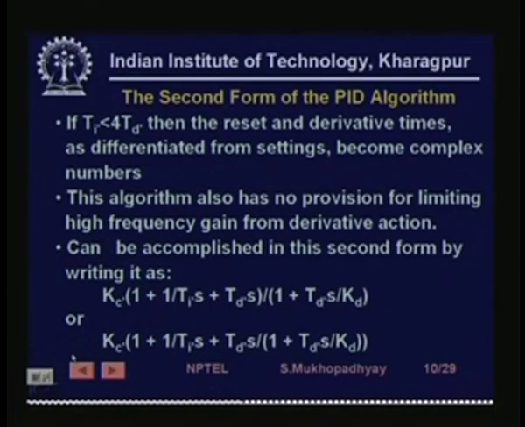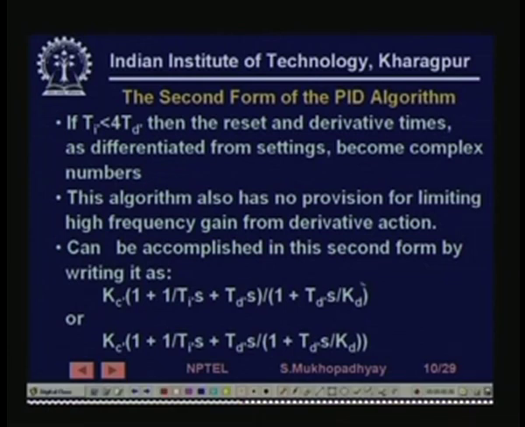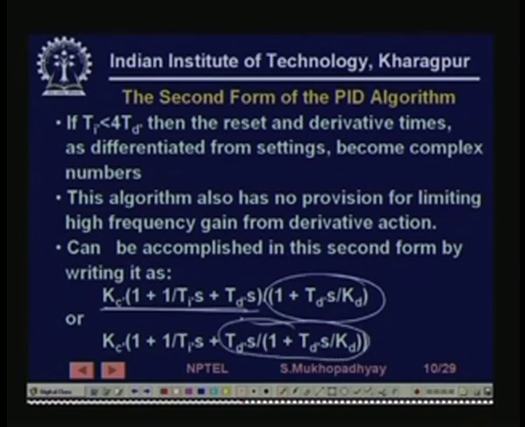So, there is a need to restrict the high frequency gain of the derivative, so that noise is not amplified while the process signal gets differentiated. That is possible in the first form, while in the second form it is as such not possible, but you could add such factors. For example, you could add that factor by adding such a term with the overall equation, or by adding that term only with the derivative part. One of these two things you can do.